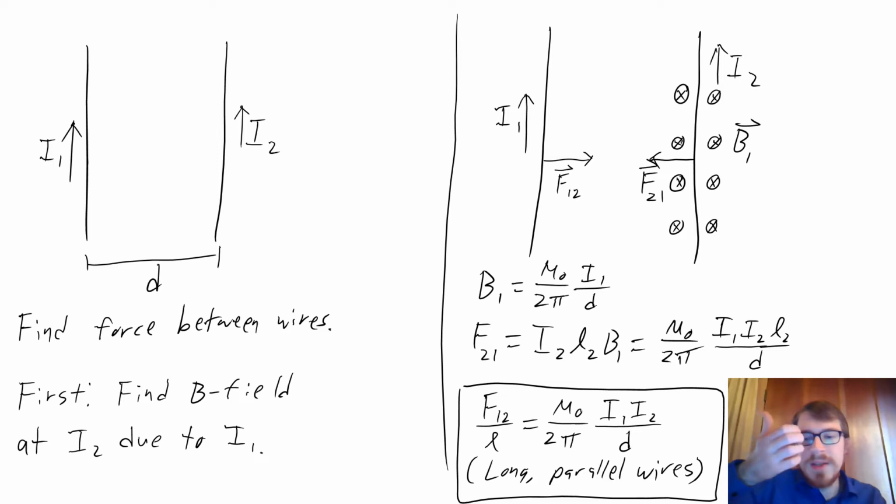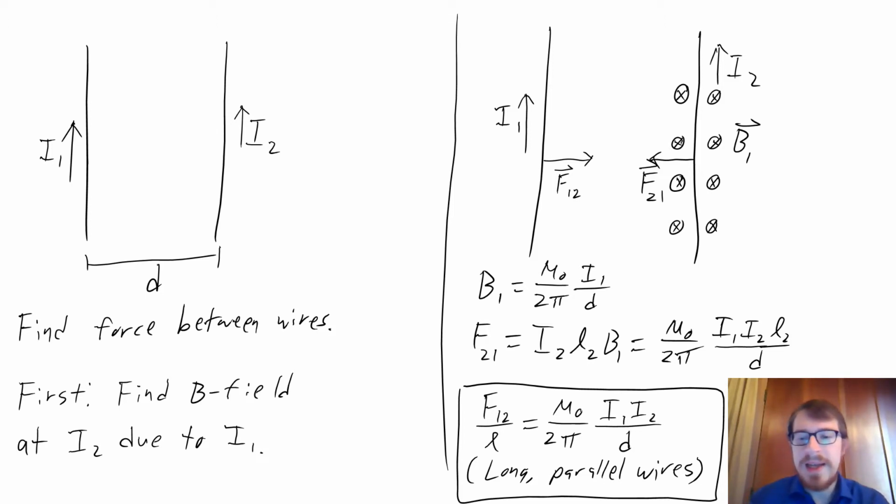And the right-hand rule tells us that our fingers are curling this way, which is into the board. So the magnetic field created by current 1 at current 2 is going to be pointing into the board. It's going to have a strength of mu naught over 2 pi times current 1 over d, the distance between the two.